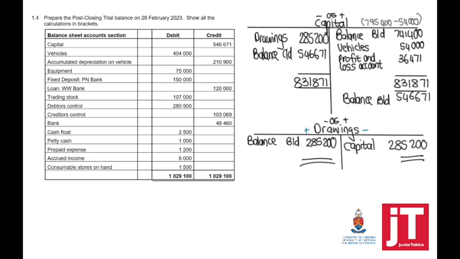So first calculate the gross profit, then add all your income, subtract all your expenses, then that equals the net profit, which is then taken to the capital, and then your drawings is taken to capital so that you can calculate your new balance. So that order is important to remember and to study.